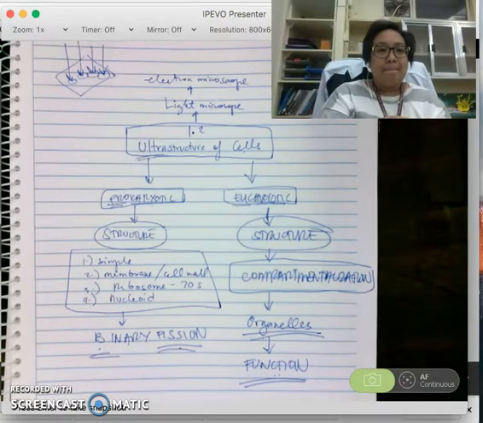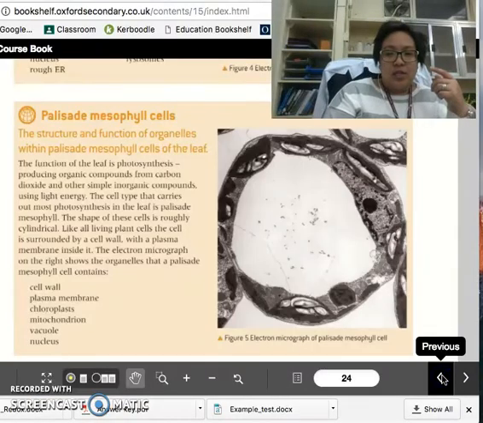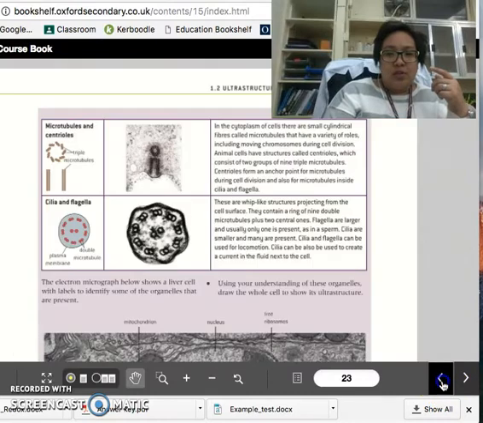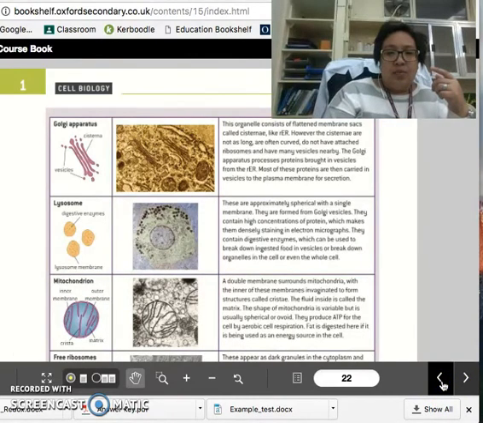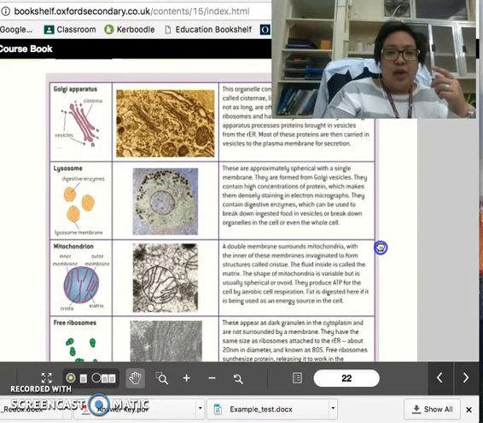So as you study this chapter, make sure that you familiarize yourself with how the organelles look under the electron microscope. Your Golgi here looks like flaps of membranes. Your lysosomes are the tiny circular dots.